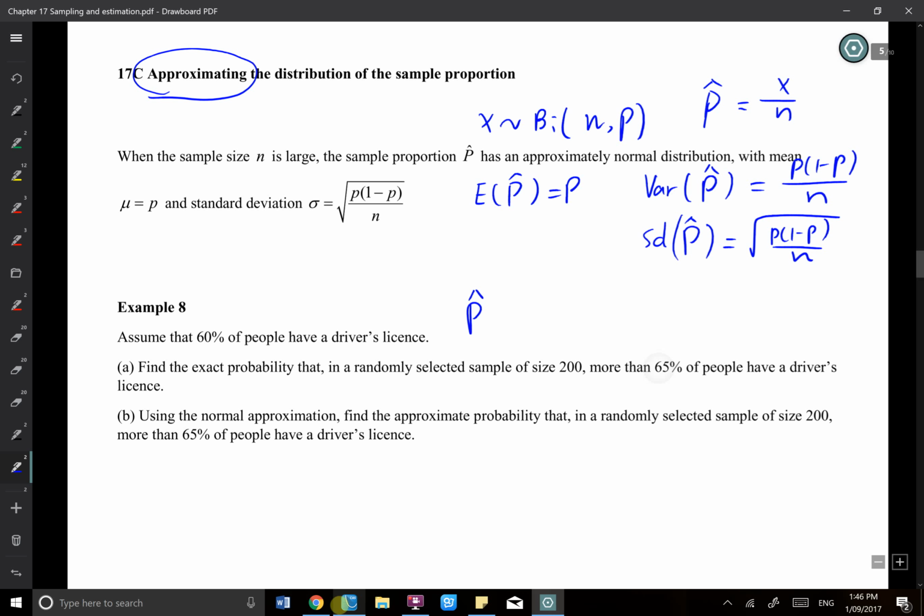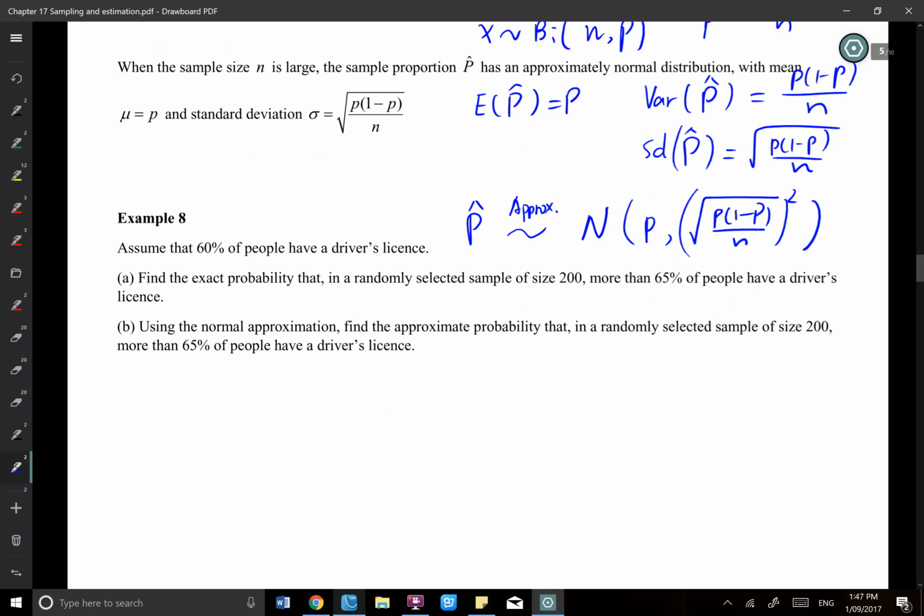So p hat is approximately normal. You say p hat is normally distributed with mean p and this variance. When the question says large enough, then it's large enough, and you just do whatever the question asks. When they say it's a normal approximation, they use the same mean and same standard deviation as the binomial, and you treat it as a normal distribution.